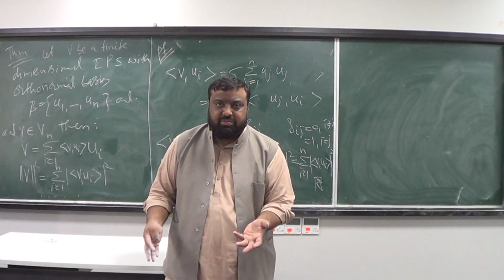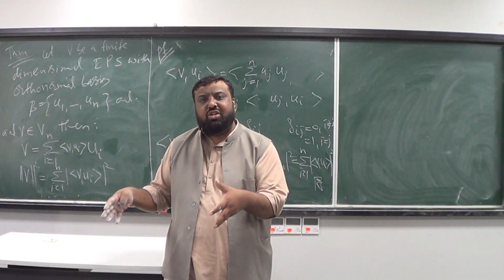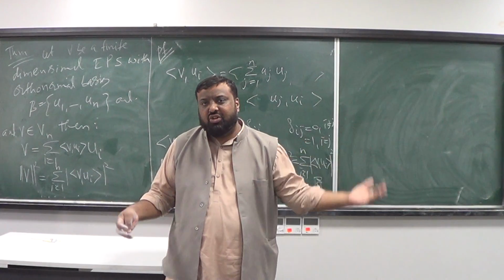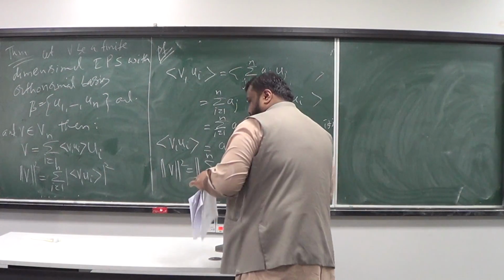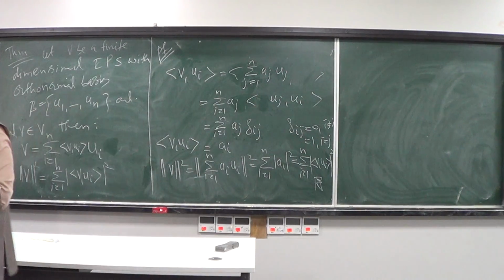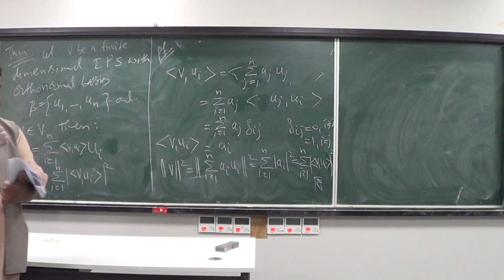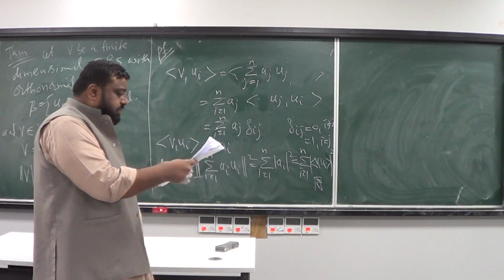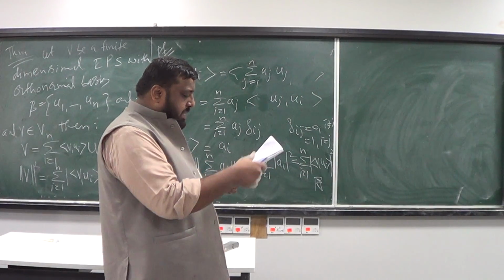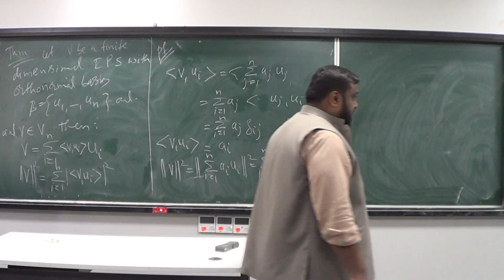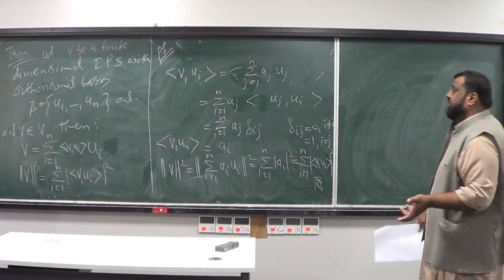Since you already know how to deal with the Gram-Schmidt process, I'm not going to spend too much time on it. I'll just write that algorithm and some consequences of it.